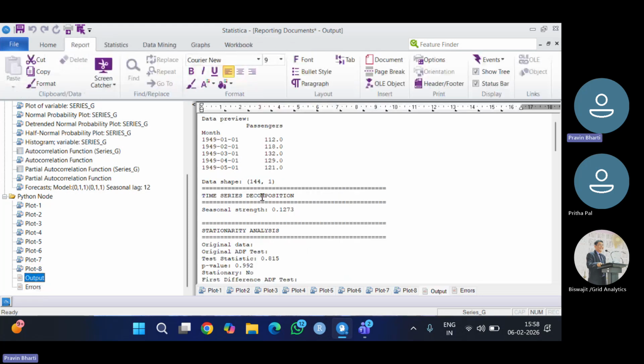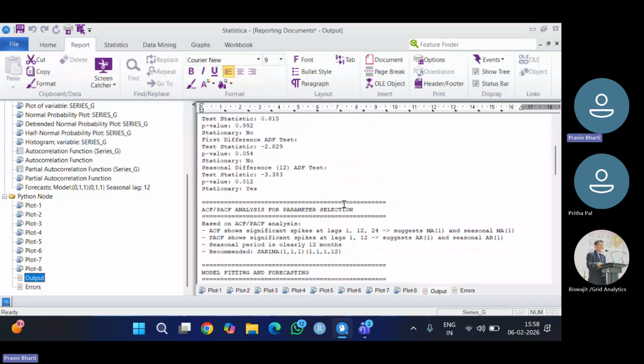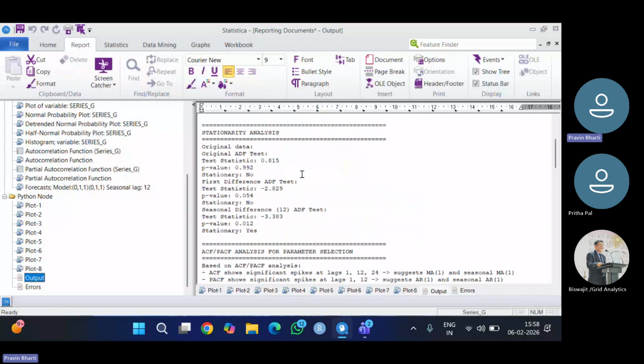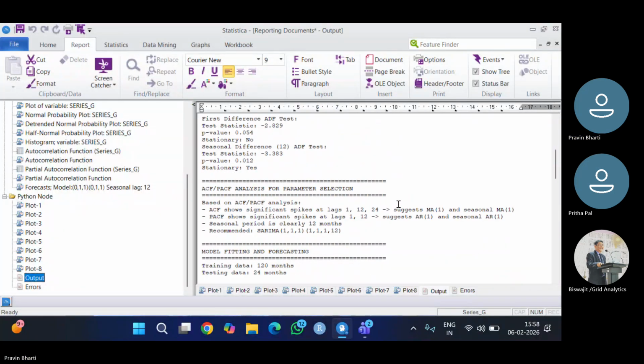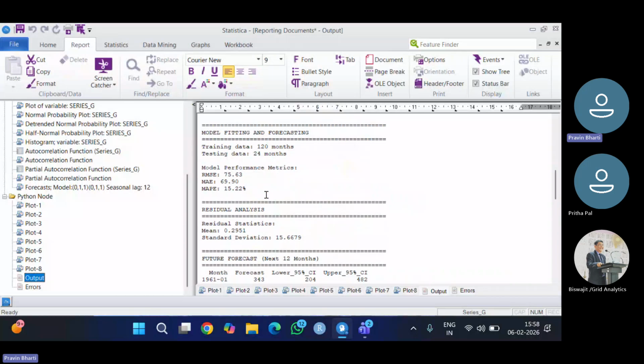Through the output spreadsheet, we can see all these months, passengers, and the series date. And these are the statistics which we will get in the intermediate steps. And we can see that the residual statistics mean is 0.29, standard deviation is 15.